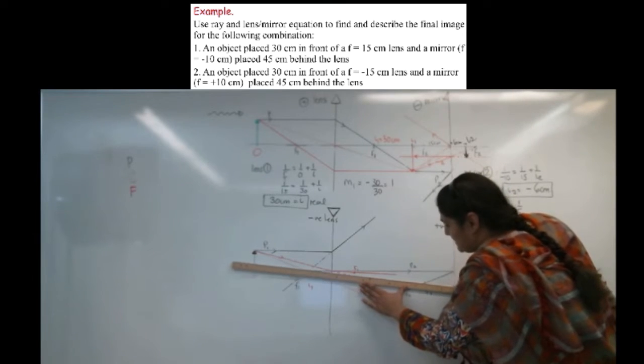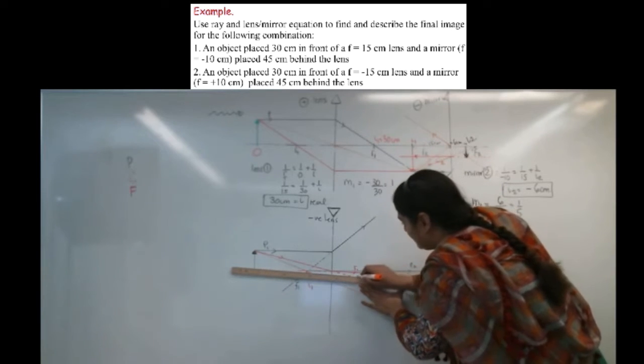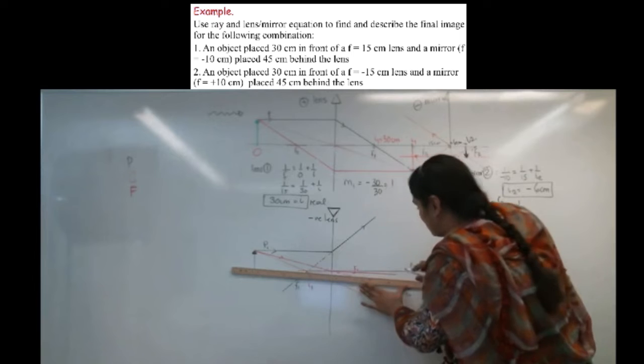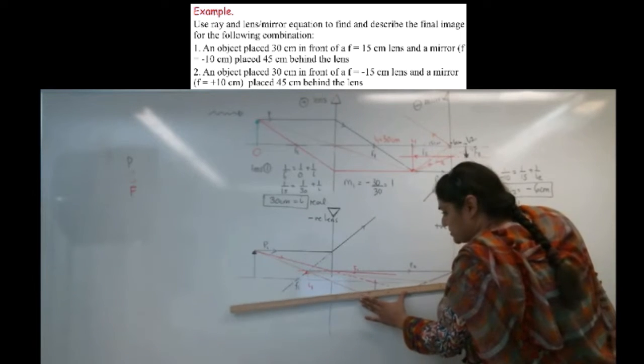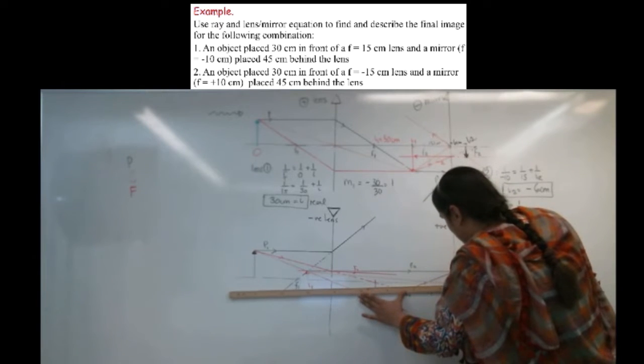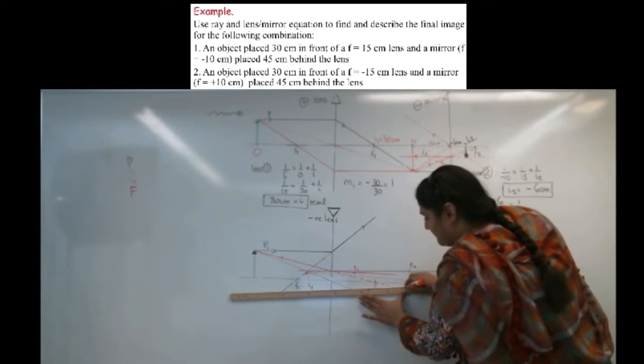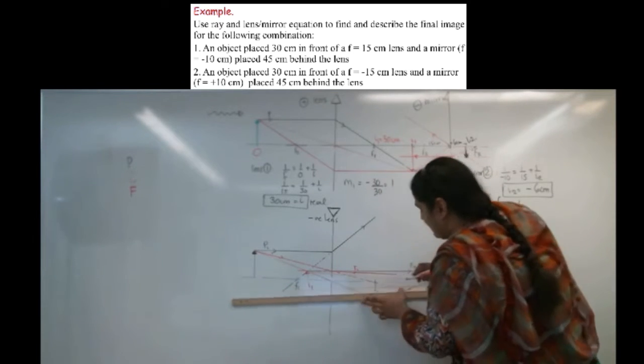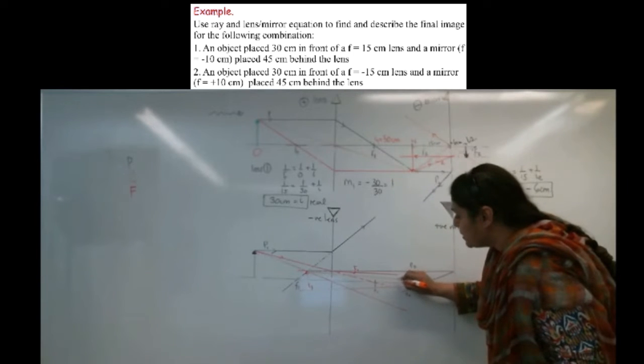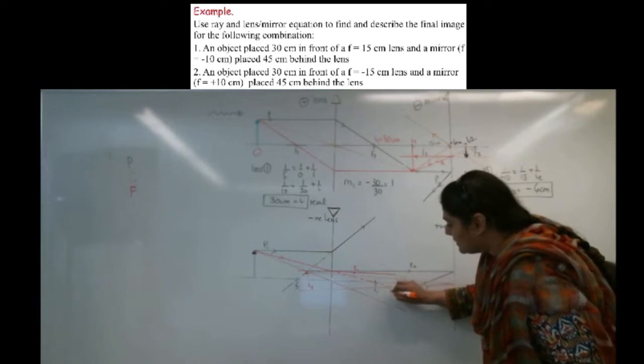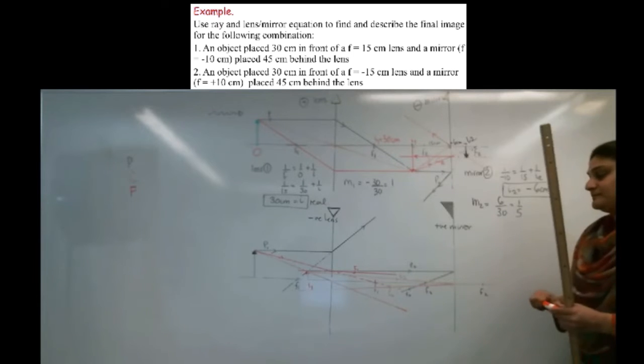So this is going to be where my chief ray goes in, and my chief ray comes out, give or take. Okay? That's C2. C2 goes back here.